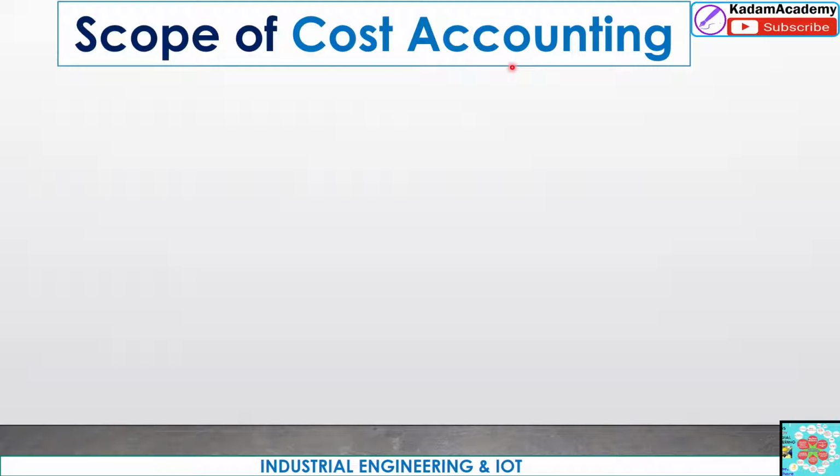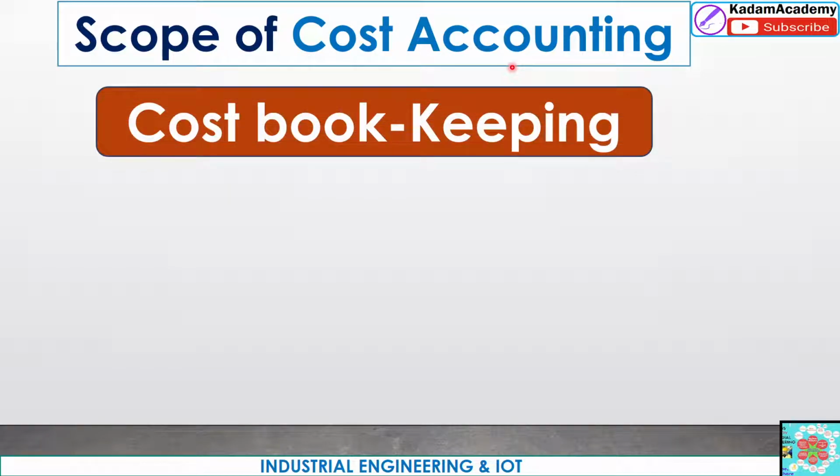Now we'll go to the scope of cost accounting. Different scopes are there. Cost bookkeeping involves maintaining complete records of all costs incurred, from their incurrence to their charge to departments or to the manufactured products or services.